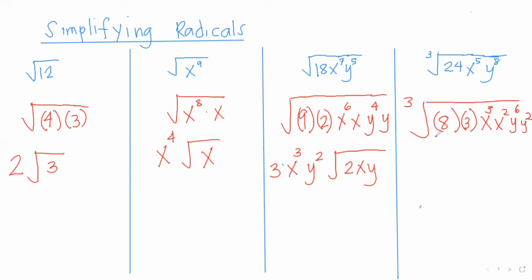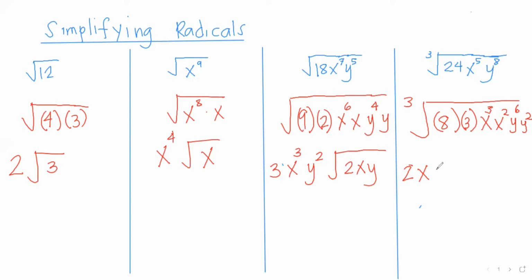Okay. So now we can take out the 8, which is 2, since the cube root of 8 is 2. And then take out x cubed as well. Cube root of x cubed now becomes x. Because all you need to do, again, when it involves exponents, you just have to divide the exponent by the index.